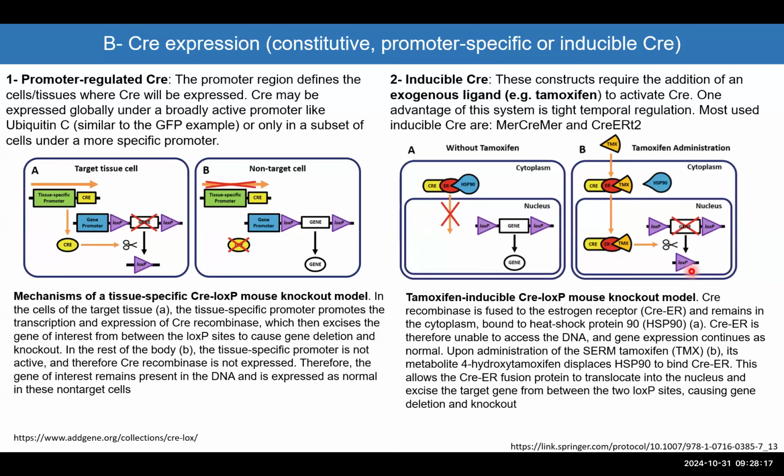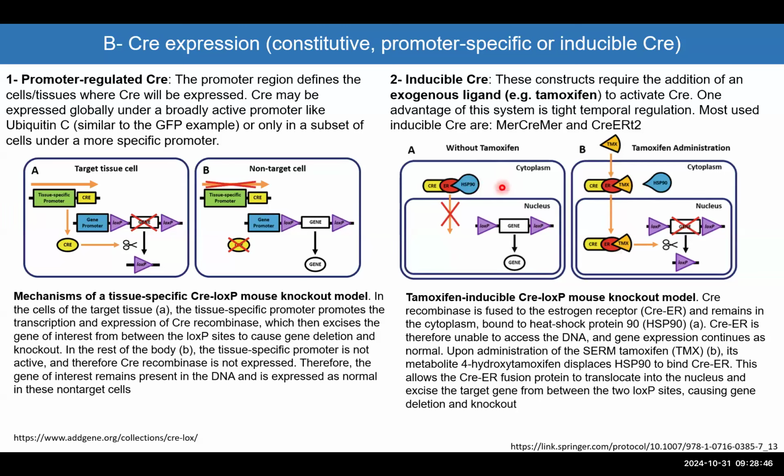So the modification is, instead of generating a straight active CRE, you generate a modified CRE that is bound with a modified estrogen receptor, or mutant estrogen receptor. And then you have to add tamoxifen, which replaces this HSP90 protein, so that the CRE becomes active.